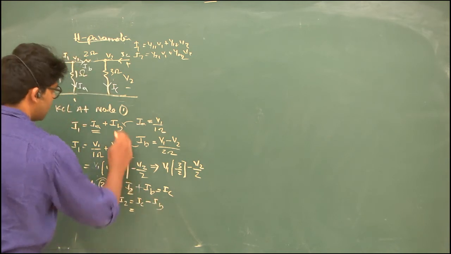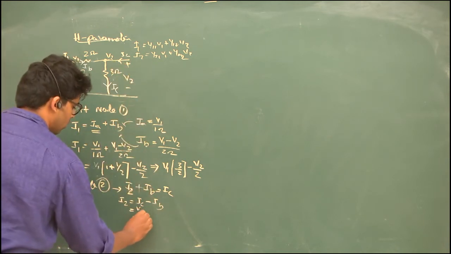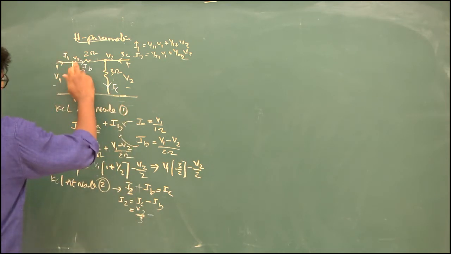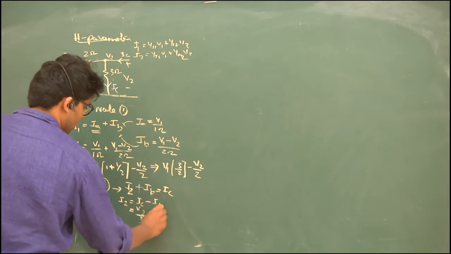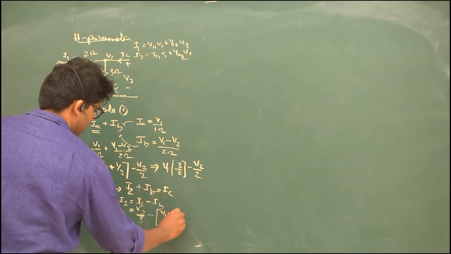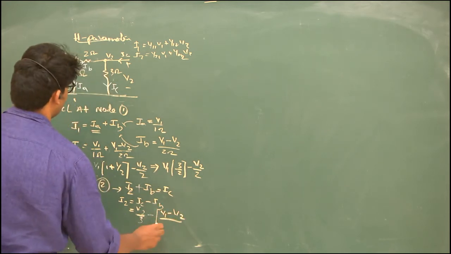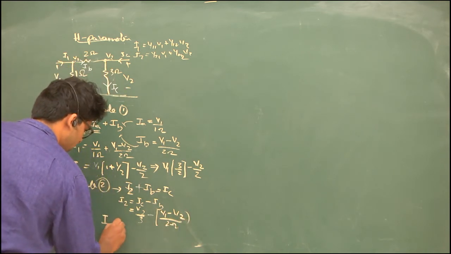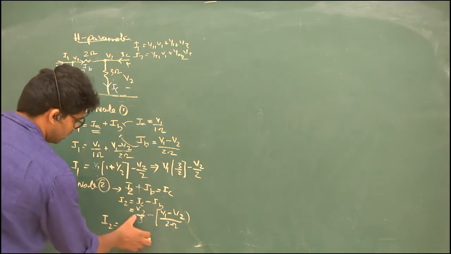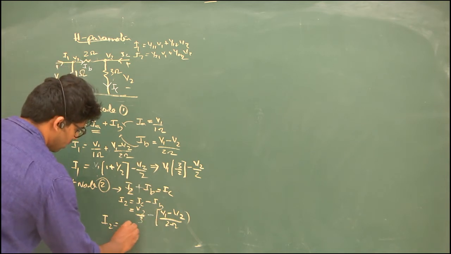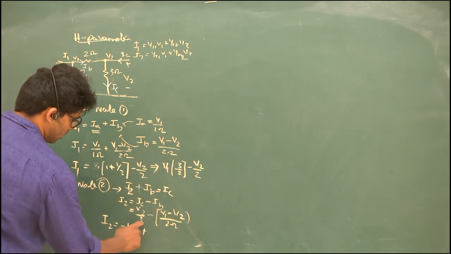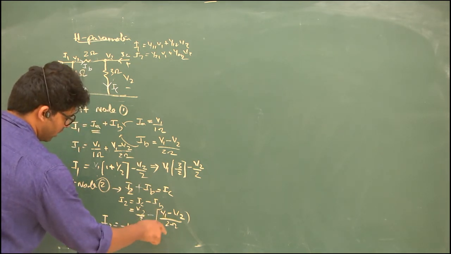So IC is voltage V2 by 3, minus IB, which we already have as V1 minus V2 by 2 ohm. So for further calculation, I2 will be equal to minus 1 by 2 V1 plus 1 by 3 plus 1 by 2 times V2.